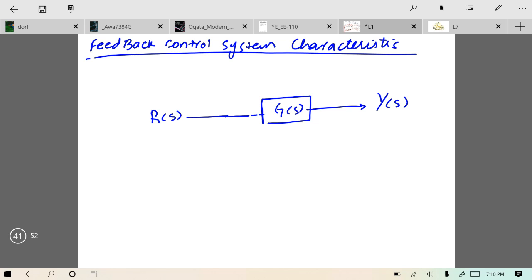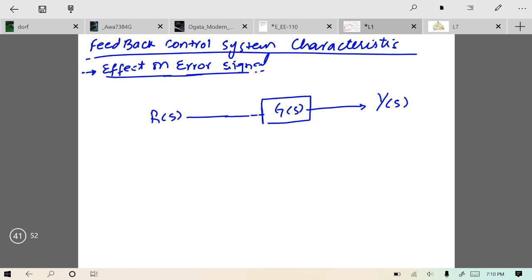The first characteristic that we will learn about the feedback control system is the effect on the error signal. We will see what the error signal is in case of an open loop system and what it is in case of a closed loop system.